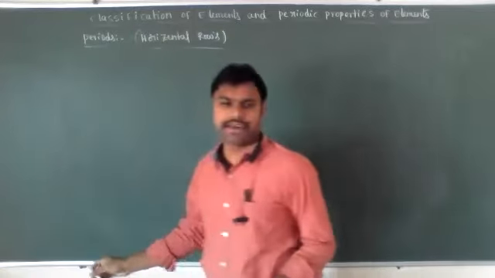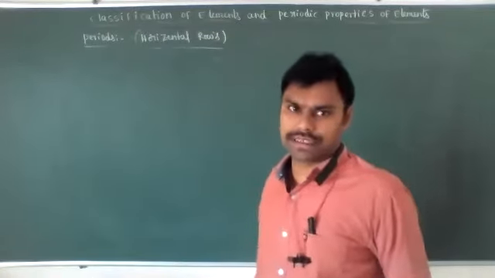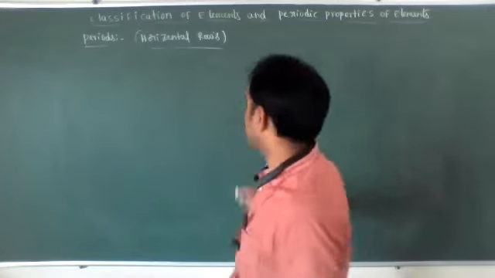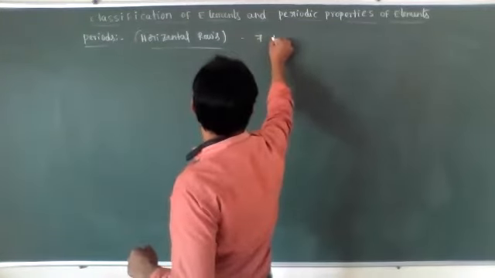A group is nothing but a vertical column. How many periods are present? 7 periods are present.